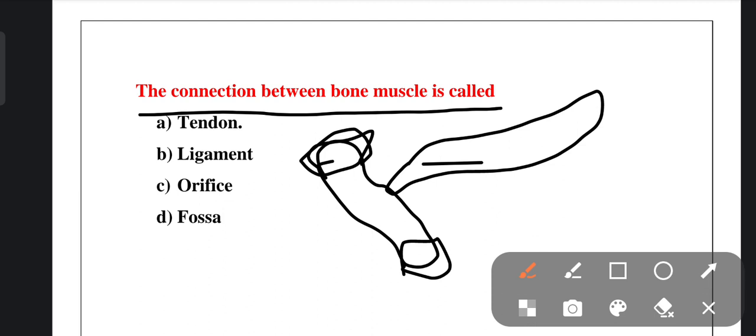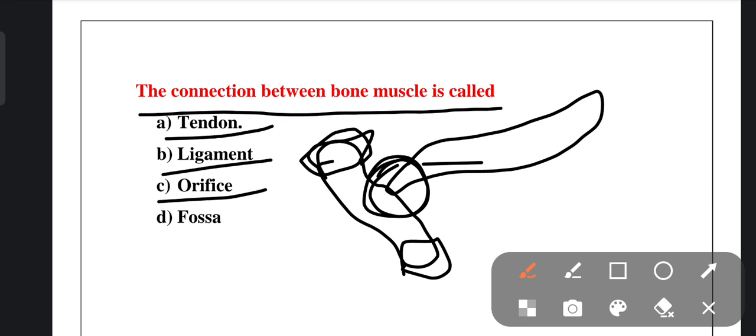So when there is a muscle and bone, here we have the connection. What is the name of the connection? Which tissue will be helping for connection between the muscle and bone? Options are tendon, ligament, orifice or fossa.